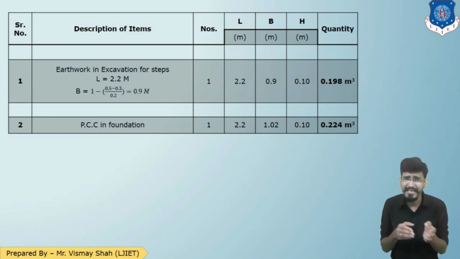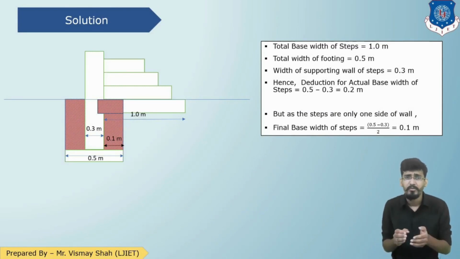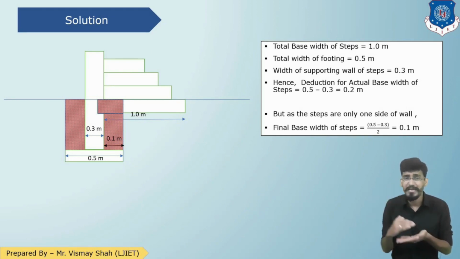Now for PCC, let us revise that section. Now closely look at this section. The footing's PCC is going to be here, and the steps' PCC is going to be here. So there is no common part. So now we need to take the width as the original width.